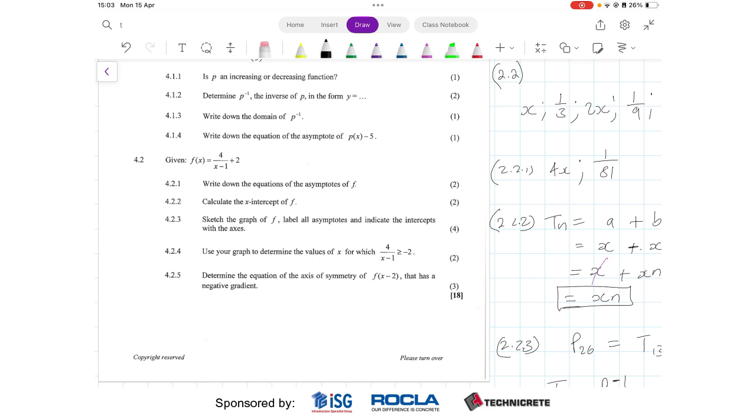I'll just read them out and we'll work on them right from the get-go. Firstly, we are told to write down the equations of the asymptotes of f. Secondly, we are to calculate the x-intercept of f. And lastly, we are to sketch the graph of f, label all asymptotes, and indicate the intercepts with the axes.